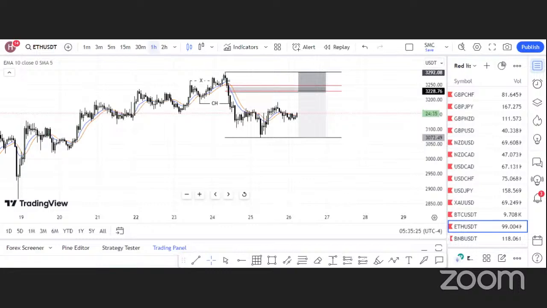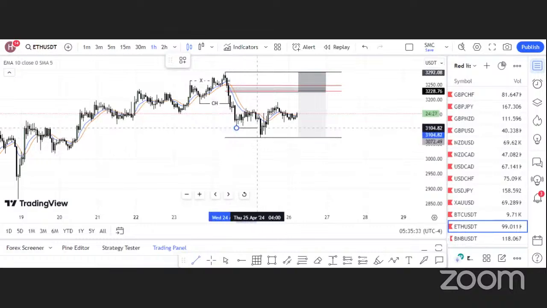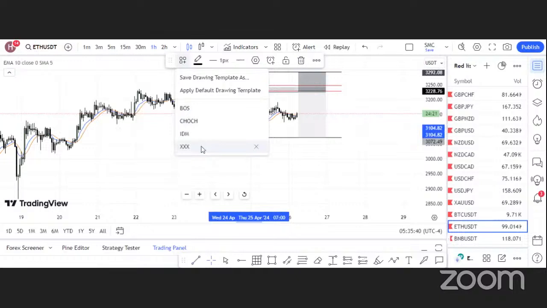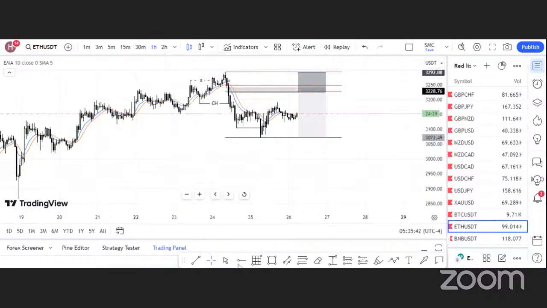Now we have multiple analyses on different instruments. We have analysis on XAUSD, on BTCUSDT, and then on Ethereum USDT.